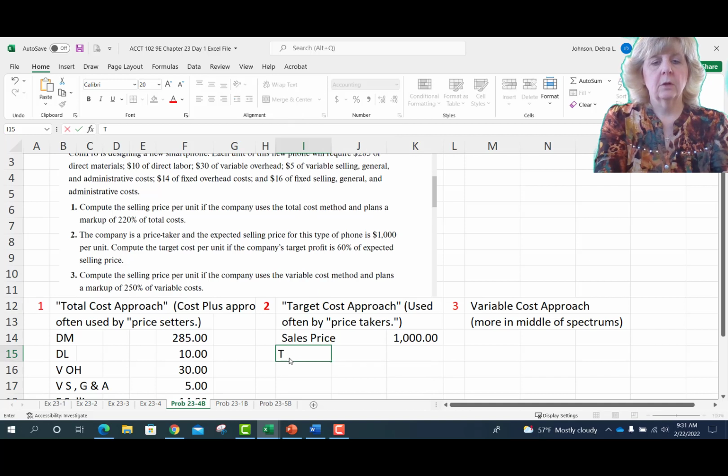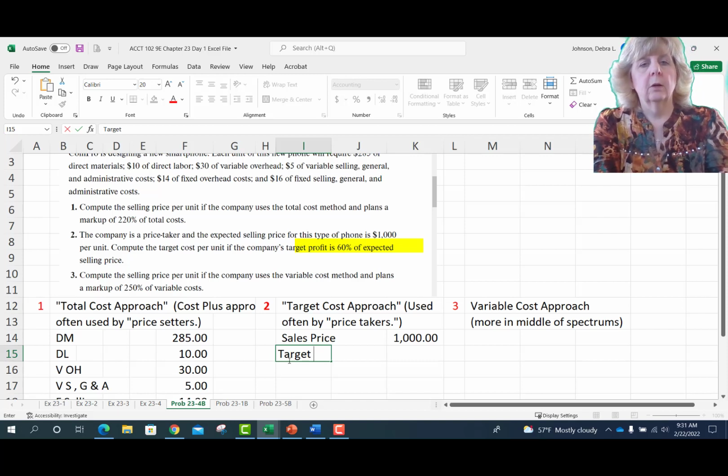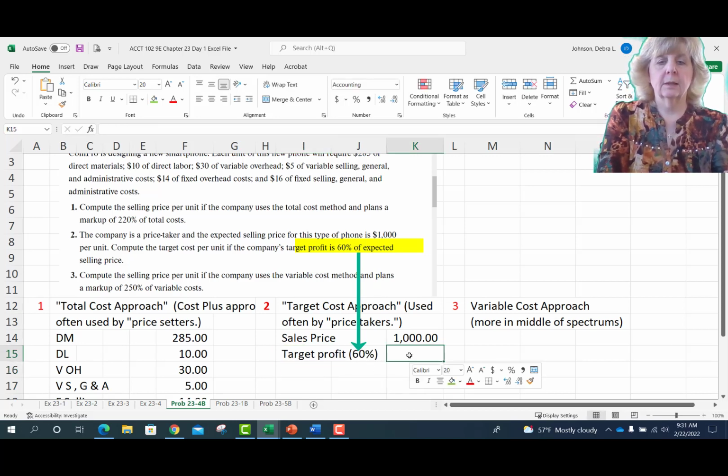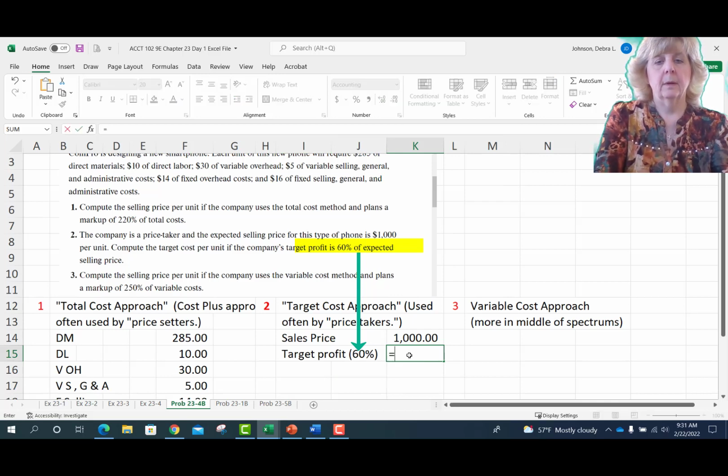So all we would have to do is consider the target profit of 60%. So we are going to take 60% of that $1,000. So let me multiply that out. You can probably do that in your head, but I'll go ahead and show it anyways.